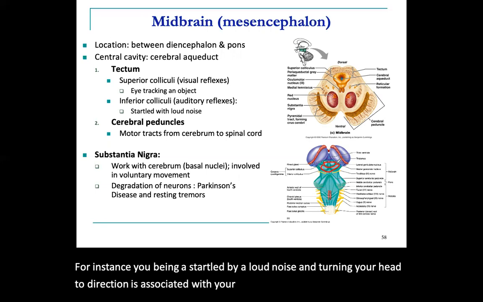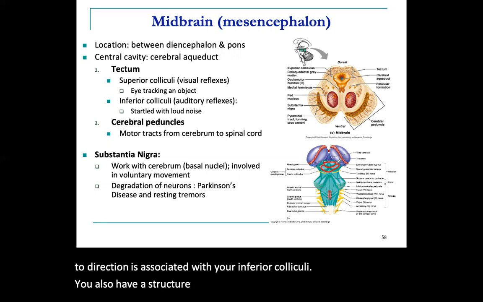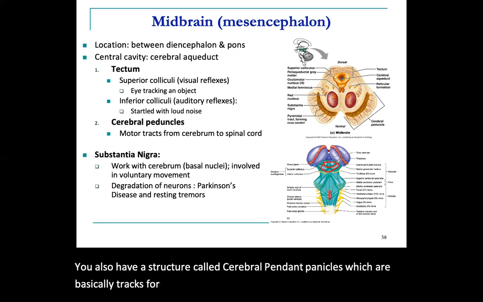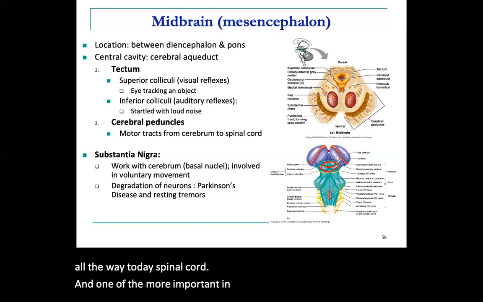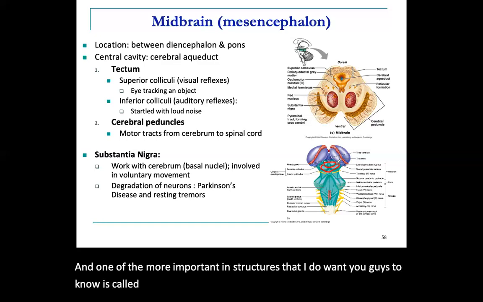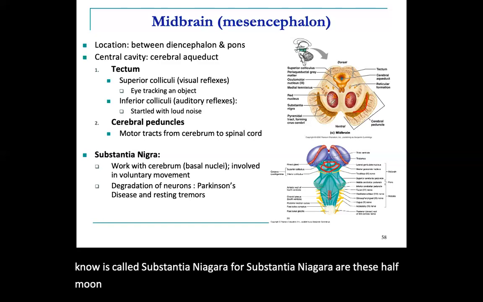You also have a structure called cerebral peduncles, which are basically tracts for your motor responses that go from the cerebrum all the way to the spinal cord. And one of the more important structures that I do want you guys to know is called substantia nigra. So substantia nigra are these half moon structures that you see right here, these ones and these ones right here.